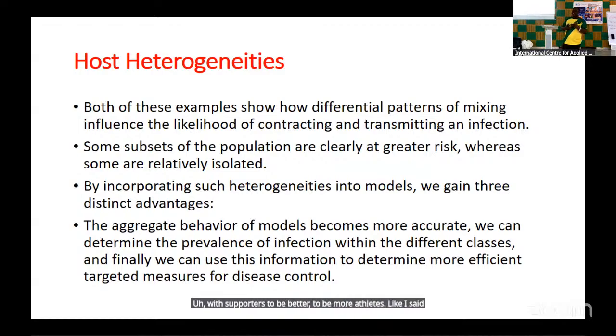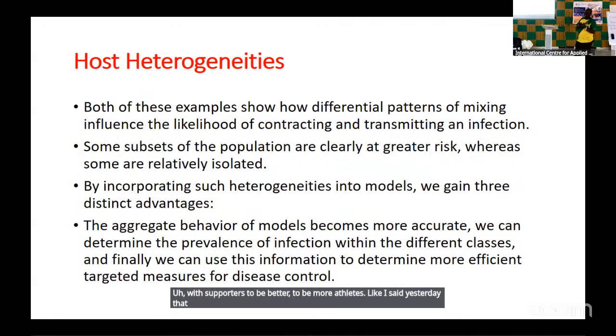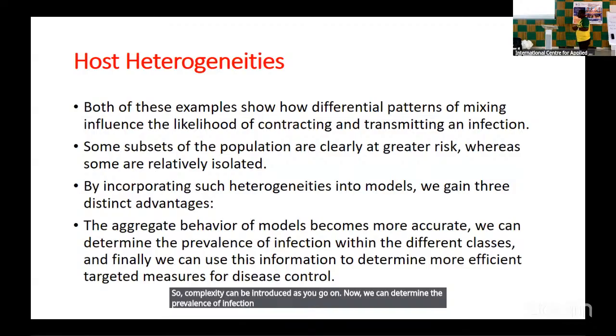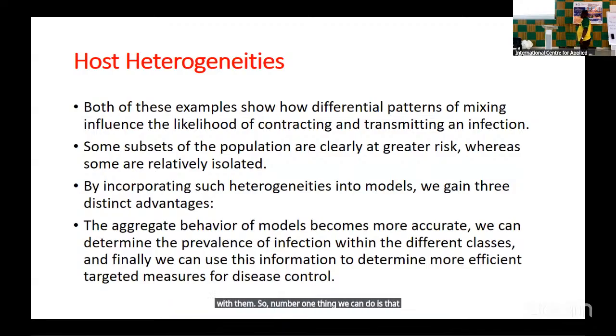Like I said yesterday, the issue of complexity is a very important thing to look at, because if the model is going to be realistic, it has to be complex. So complexity can be introduced as we go on. So number one is that the aggregate behavior of models becomes more accurate when you classify them according to their distinct features, for instance, age or risk level.